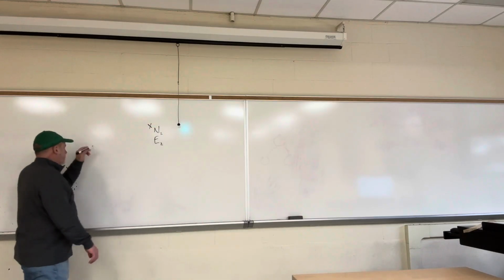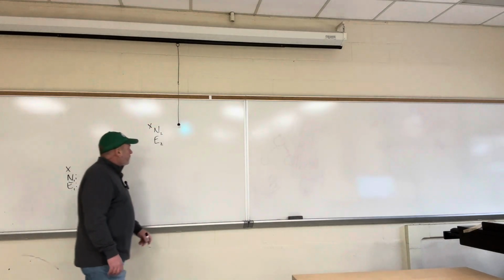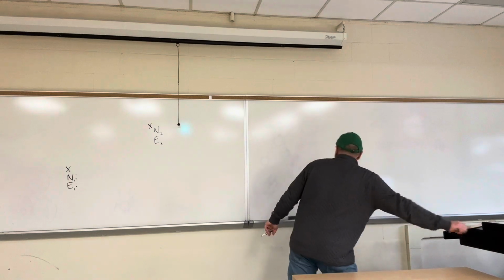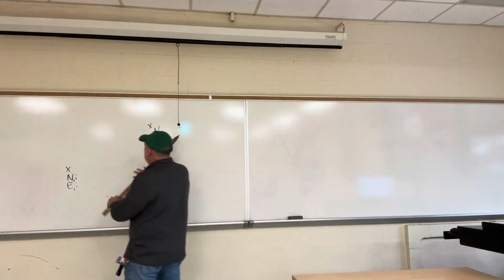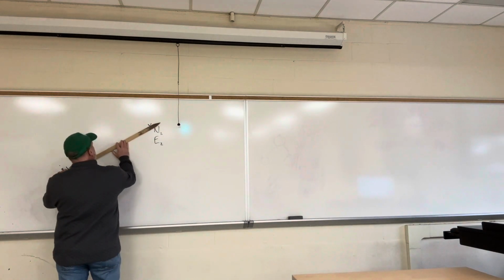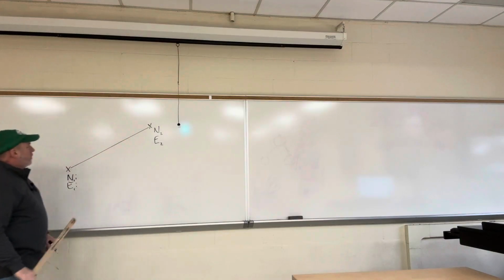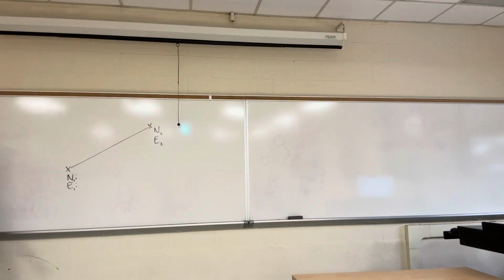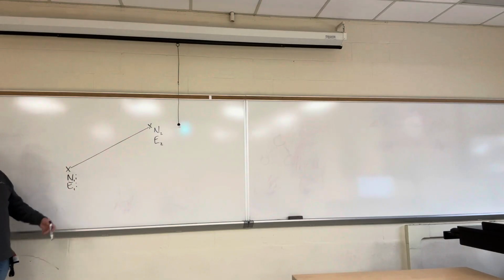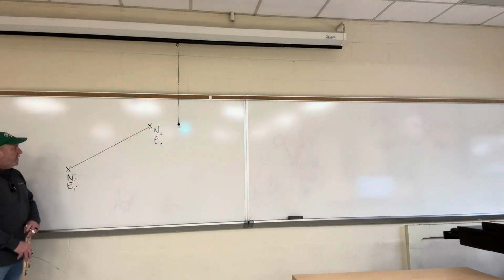Okay, point 1, point 2. We want to know the direction and distance of this line from these coordinate values. What's the bearing? What is the azimuth? What's the distance?